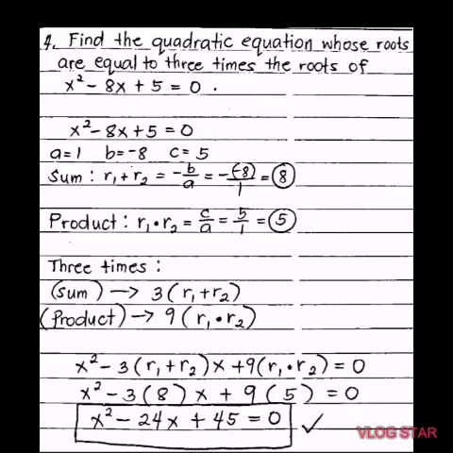Okay, and then substitute. What is the sum that we got a while ago? It is 8. So we write 8 here. How about the product that we got? 5. So we write 5.